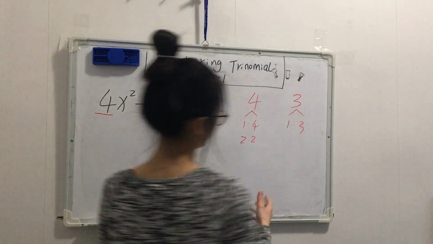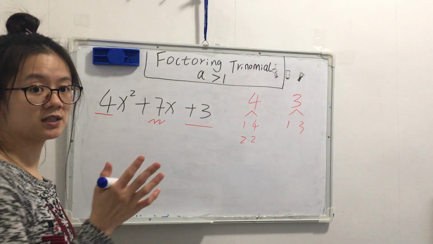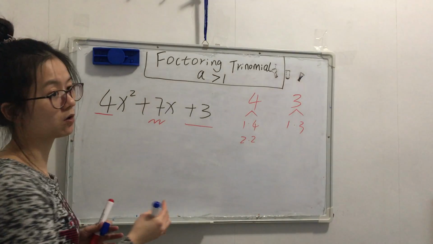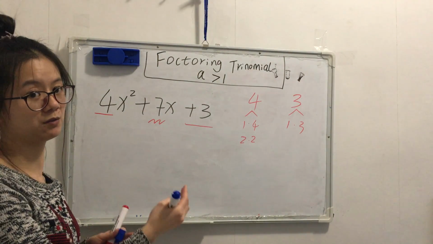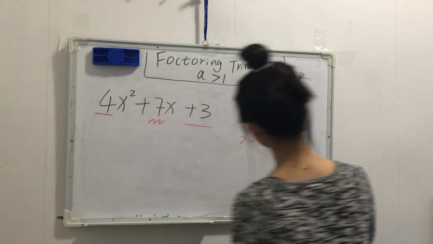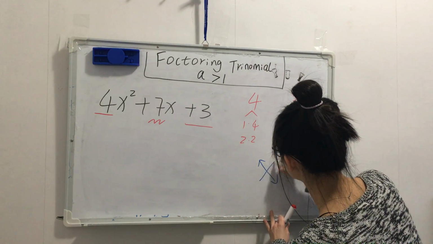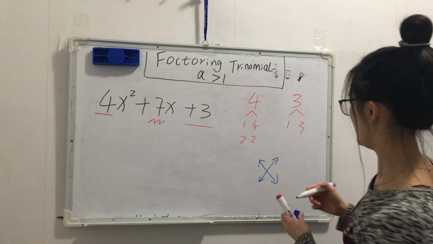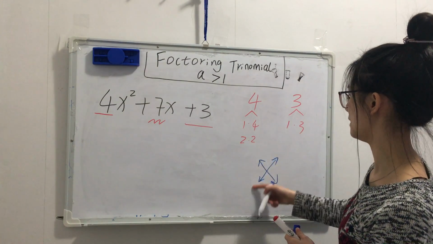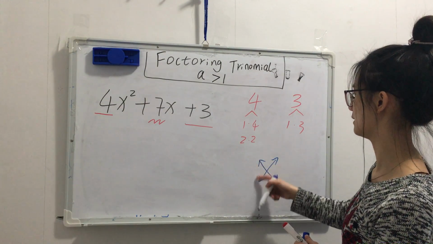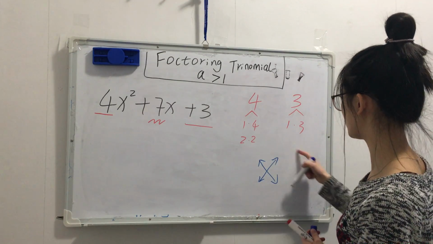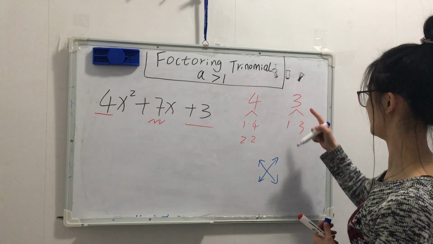And then we use a strategy we can call cross multiply and summation. We have this, and for this side we write the factors for the A term. For this side we write the factors for the C term.